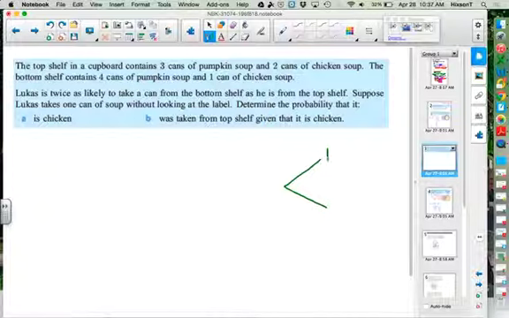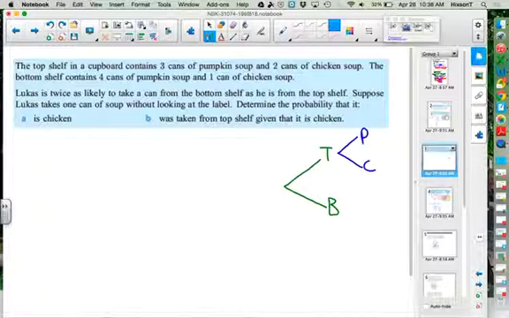So when you have those multiple choices, here's our tree diagram. We're going to pick either the top shelf or the bottom shelf. And then from there, we're going to pick either the pumpkin soup or the chicken soup.